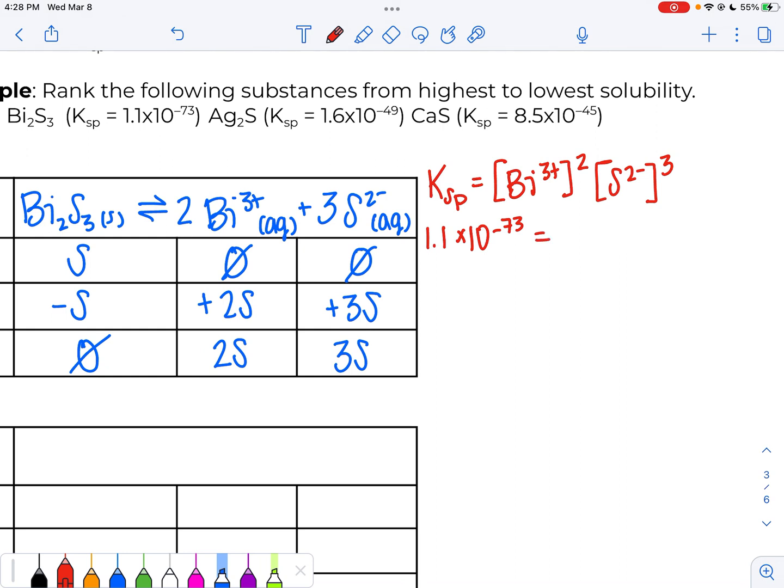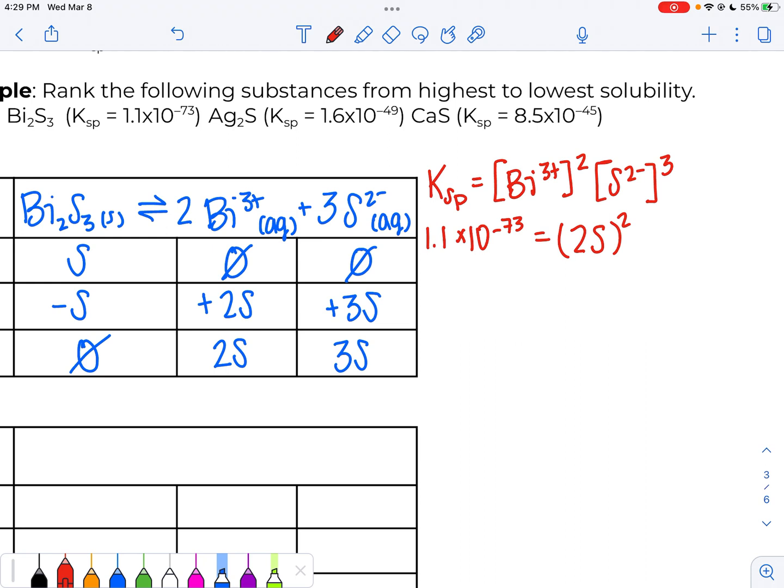So our concentration of bismuth ion at equilibrium is equal to 2S. Do not get it confused. You are not accounting for that 2 as a coefficient when you're raising it to a power of 2.